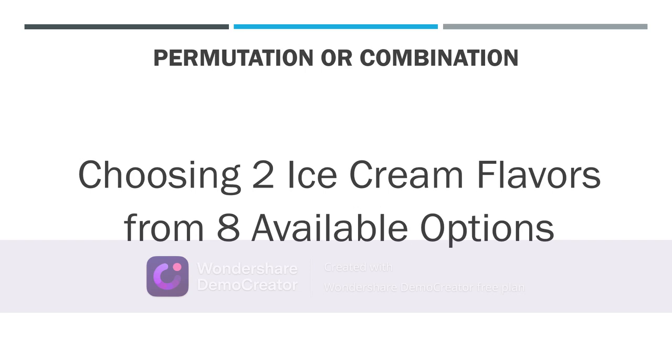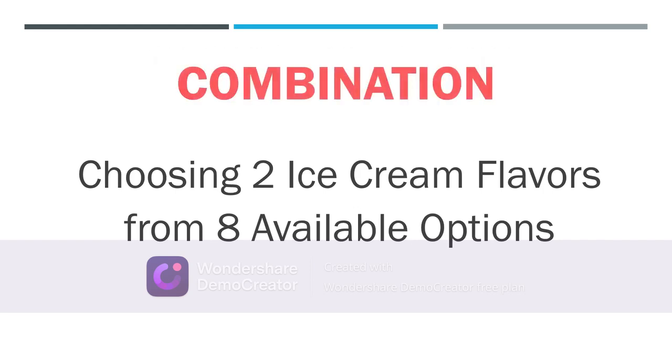Choosing 2 ice cream flavors from 8 available options. So we're going to select 2 out of 8. This is combination. Bakit siya naging combination? Order in which you choose the flavor doesn't matter. Choosing, for example, vanilla and chocolate is the same as choosing chocolate and vanilla.